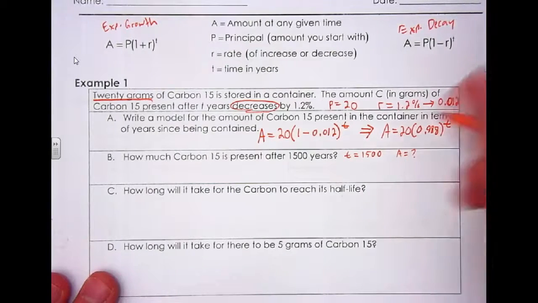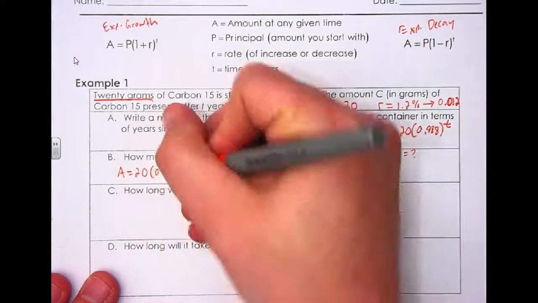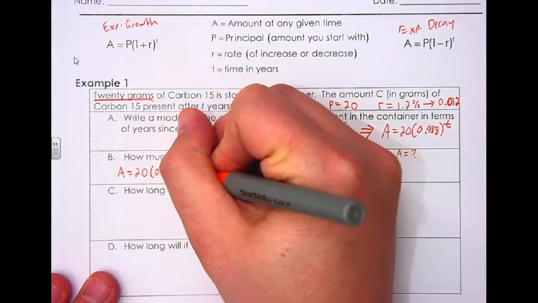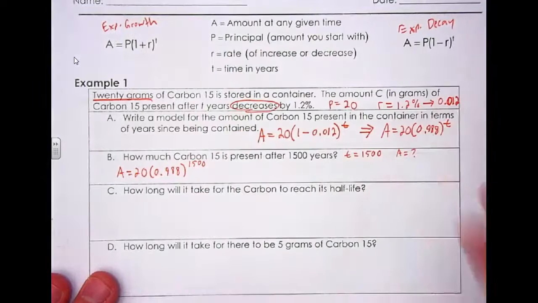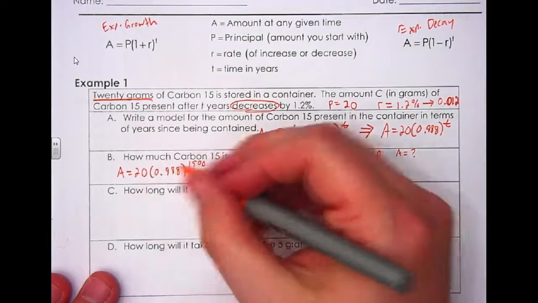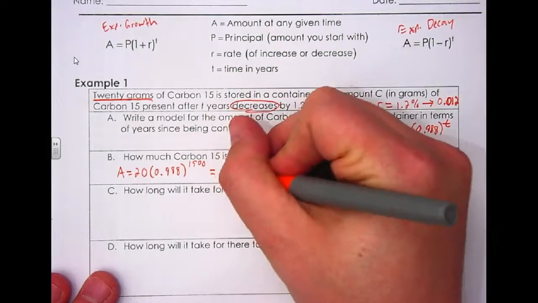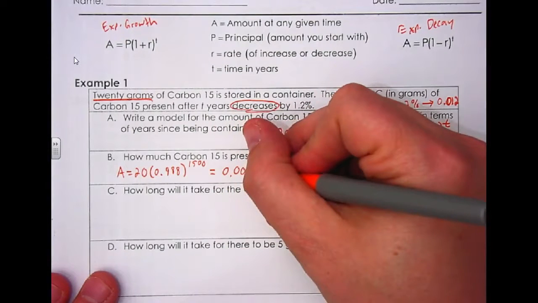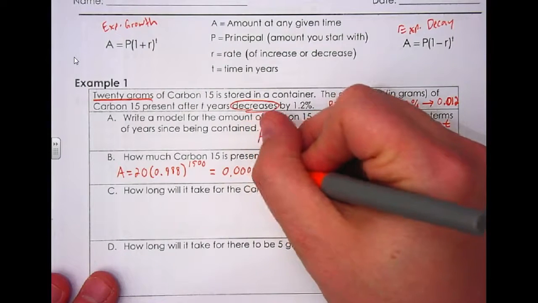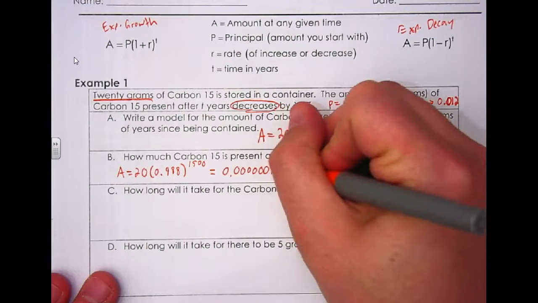So we're going to use the equation that we just created, 20 times 0.988, and we're going to raise that to the number of years, which is 1,500. Put this in your calculator and calculate it out. If I've done my math correctly, you're going to get a teeny tiny number. There are six zeros before we get to 2, 7, 3.